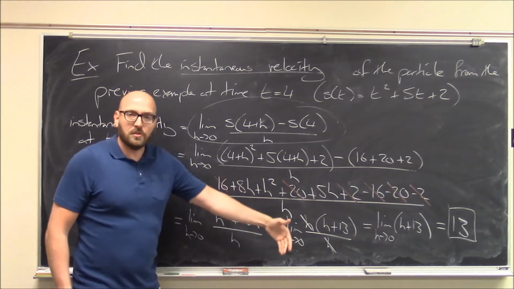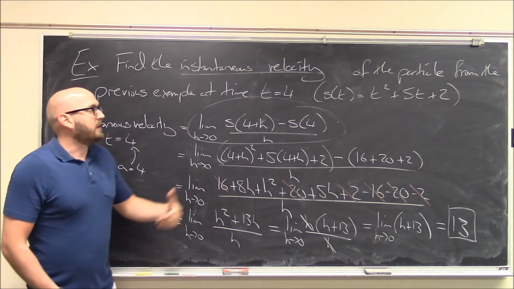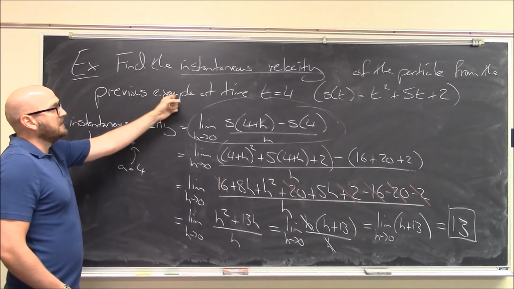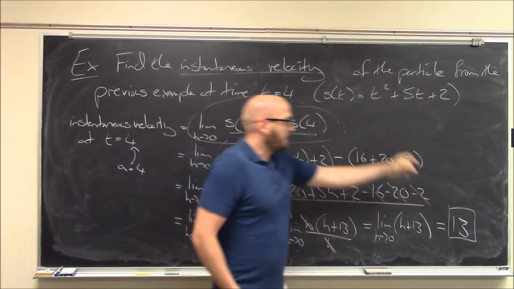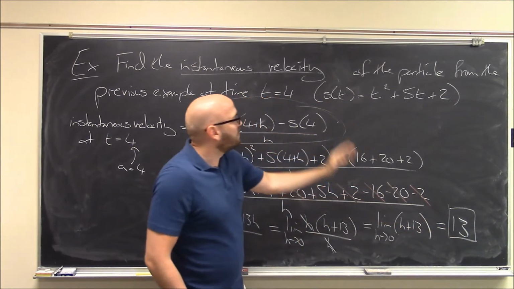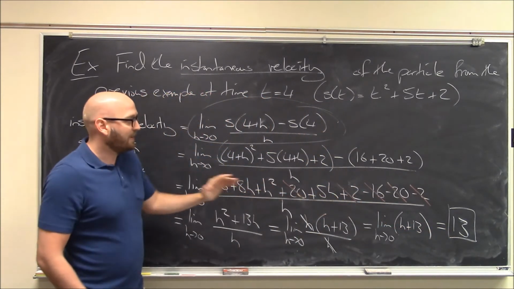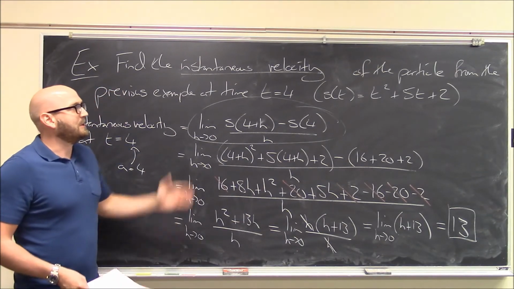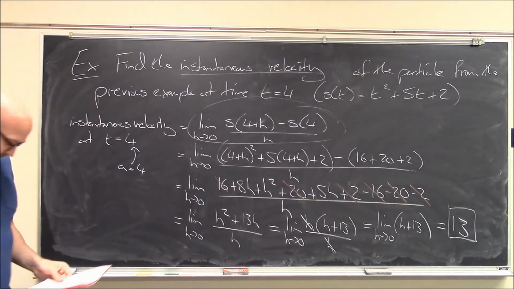As we go through this course the next couple of weeks, you will see lots and lots of shortcuts that will allow you to go from this question, find the instantaneous velocity, to getting this value 13 in probably about 10 seconds flat. So there are shortcuts, but we're not quite there yet, right? We've only just introduced what instantaneous rate of change is.